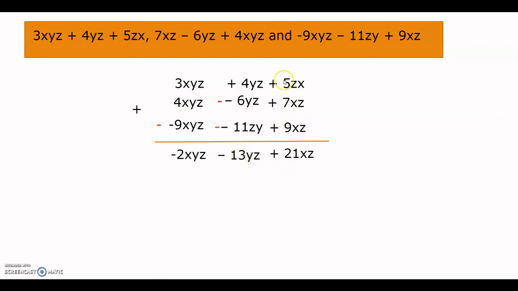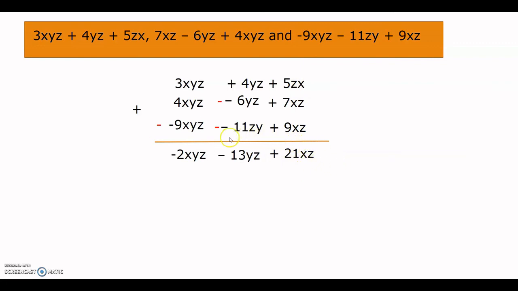Next, since all the signs here are positive, no need to worry, because positive times positive is positive, so it will stay the same. Because these are like signs, we will add and copy the sign. So 5 plus 7 is 12. 12 plus 9 is 21. And copy the variables.